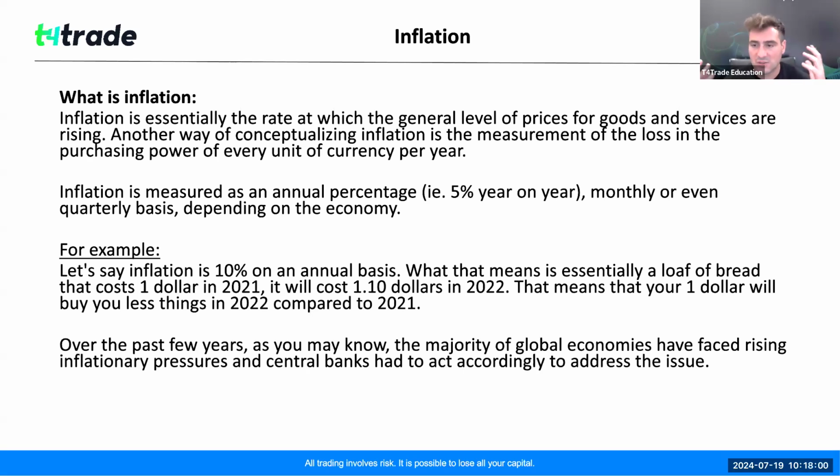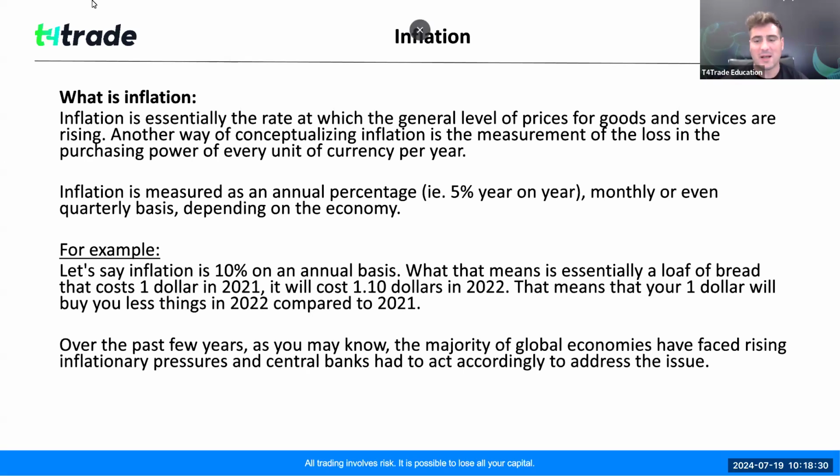Let's assume that we have 0% and the next year you have 10%. So $1 gives you a bread in 2021, in 2022 we have 10% inflation, and now bread costs $1.10. At the end of the day, you buy less stuff with the same amount of money. That means your currency gets, quote unquote, devalued, or at least your purchasing power gets diminished if inflation is rising.